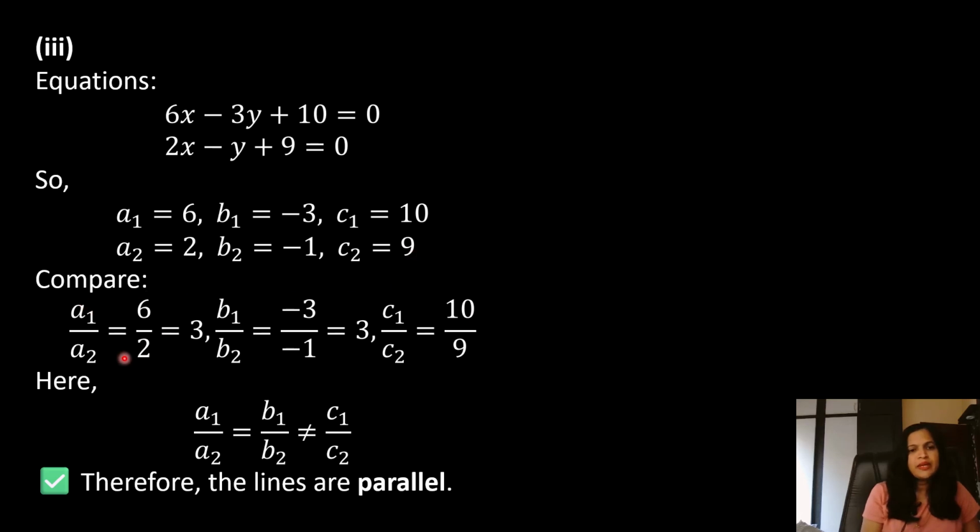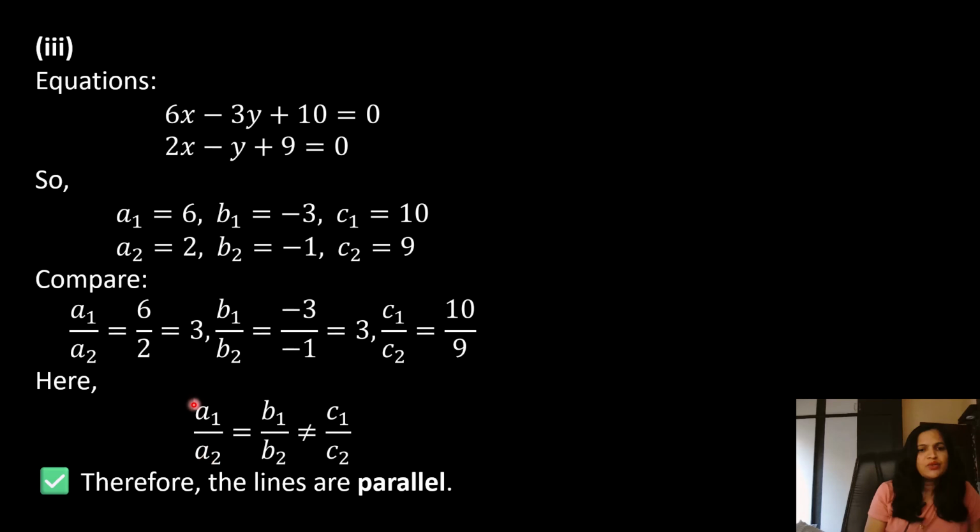Then compare: a1 by a2 equal to 6 by 2 equal to 3, b1 by b2 equal to minus 3 by minus 1, that is 3. Minus divided by minus is positive, the same rule as multiplication. And c1 by c2 is 10 by 9.